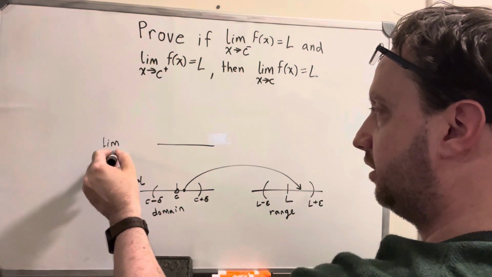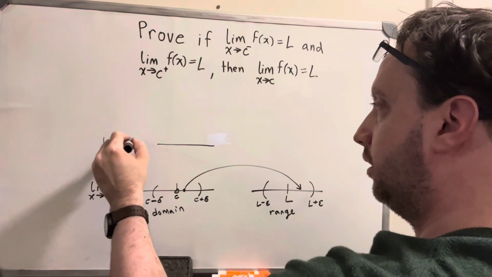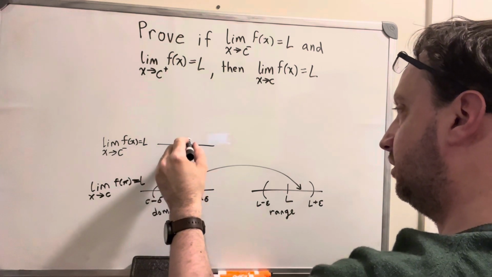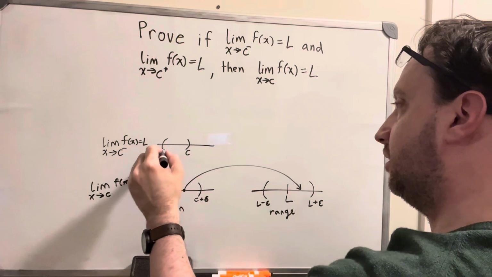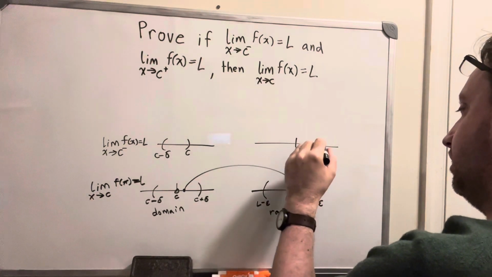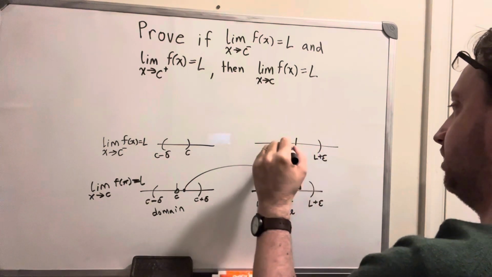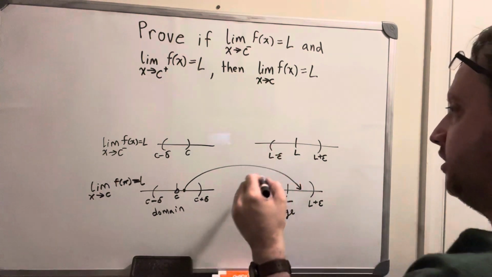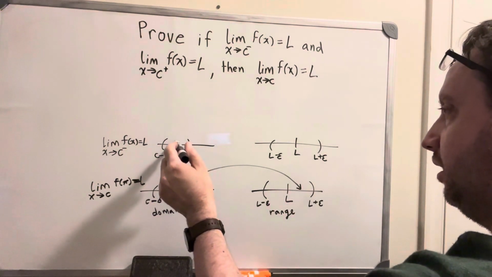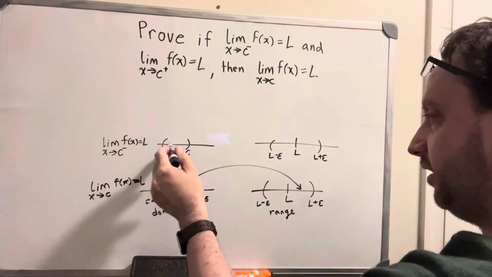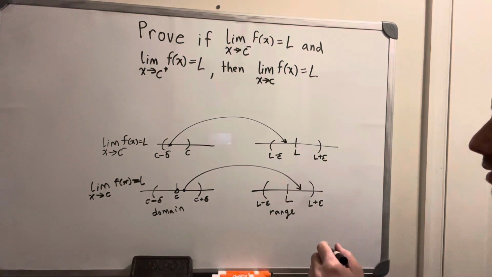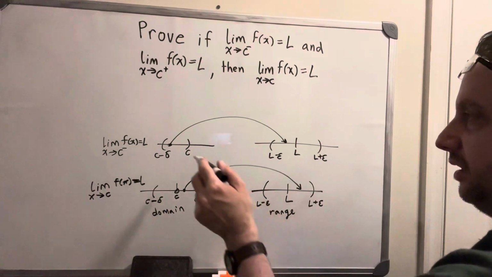Now, if I use this drawing to show the one-sided limits, what is our interval that we're saying anything launched from within this interval will land within this interval, right?